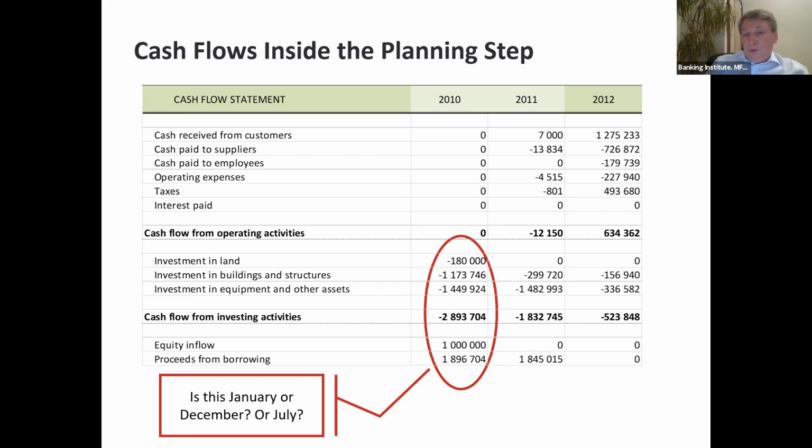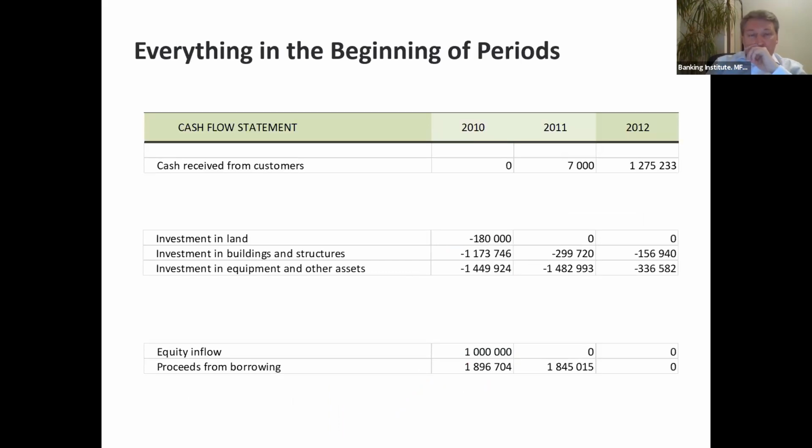But the general rule for investment projects is that we put everything in the beginning of the period. Why? Because look, sometimes like cash receipts from customers, this is not always true.